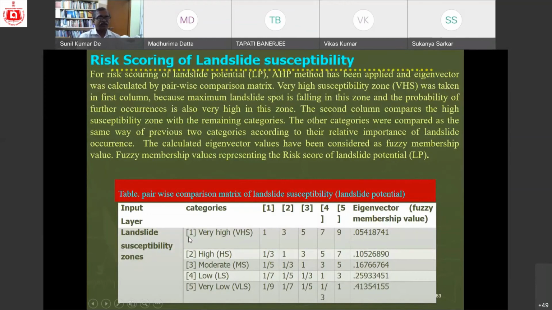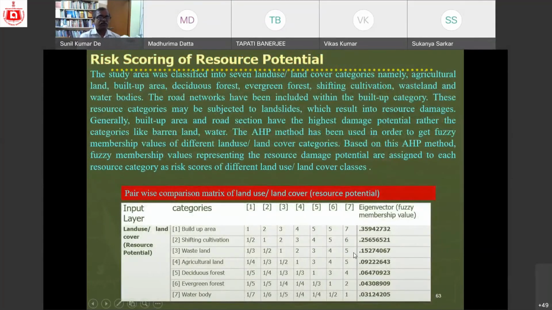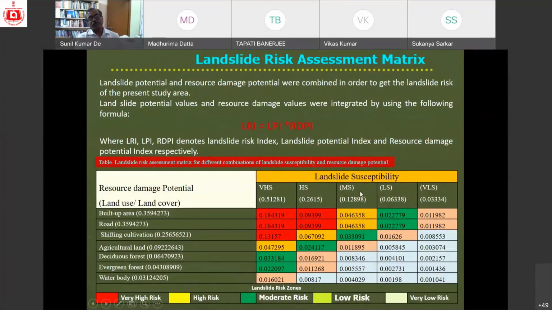And here it is this damage potential zone. And this is the pairwise damage potential 1, 2, 3, 4. On the basis of this matrix, we have prepared this table. This is landslide susceptibility, this is damage potential, and these red marks are the highest risk in these areas.